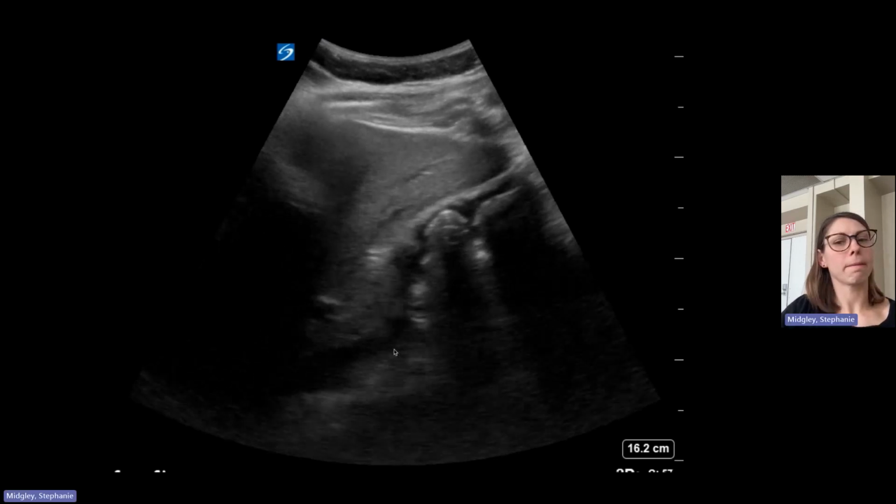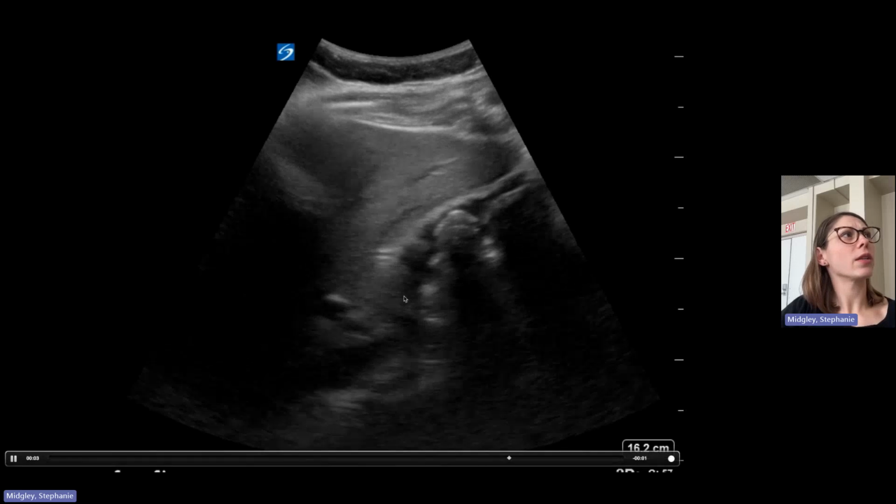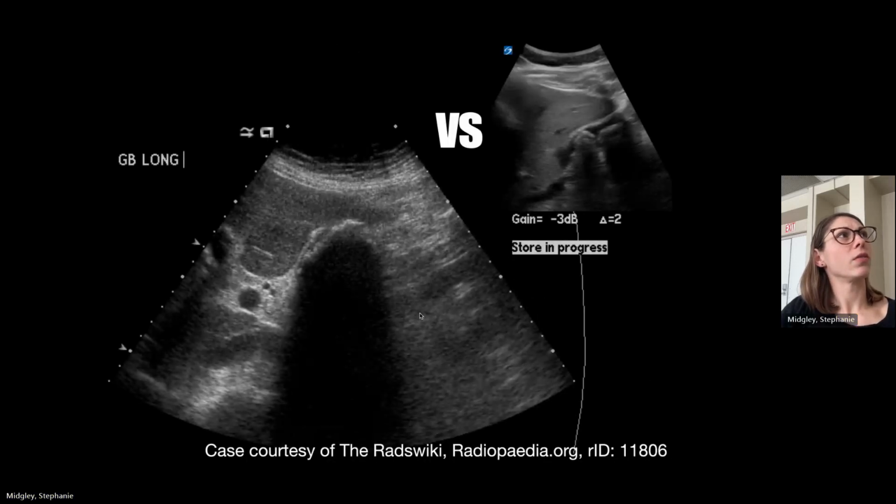What sign is this called? So the wall echogenicity sign. So how do you tell the difference between this versus this? Do you know what this one is? So this is a porcelain gallbladder. So there's just a calcified gallbladder wall.